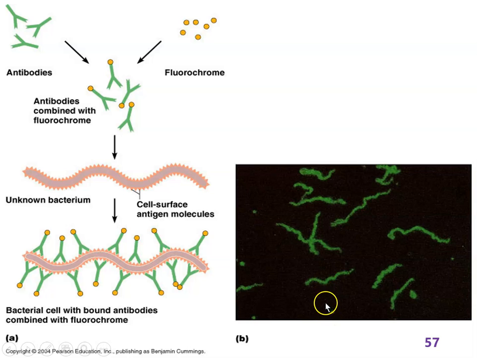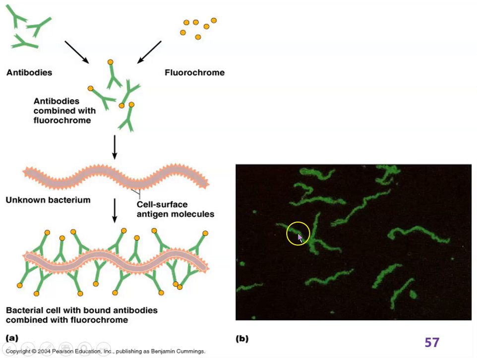I believe the light that is being shined on these cells is blue, and they filter it so that you can't see blue light. So that makes the background totally dark, and you can only see green light from the fluorochrome, and it only appears wherever this antibody with the fluorochrome has attached to the cells.